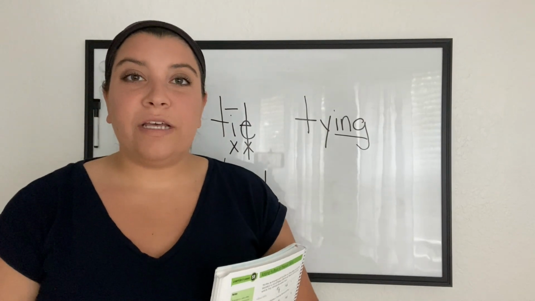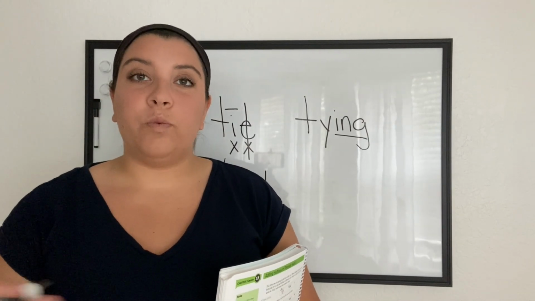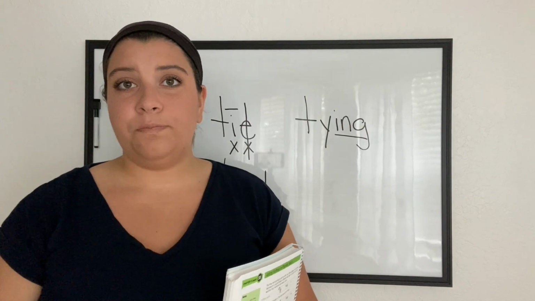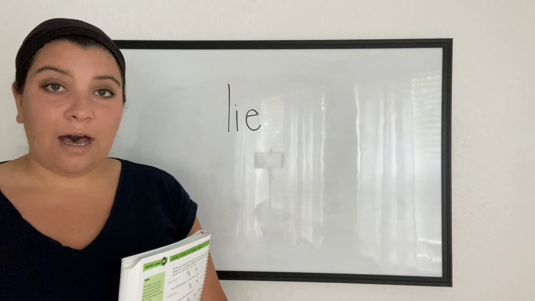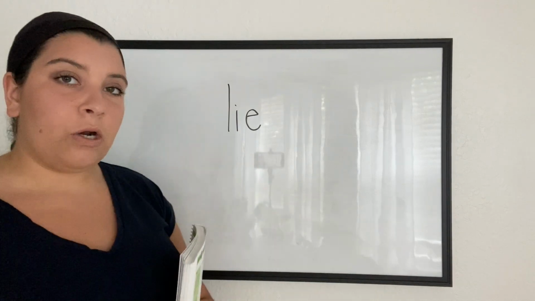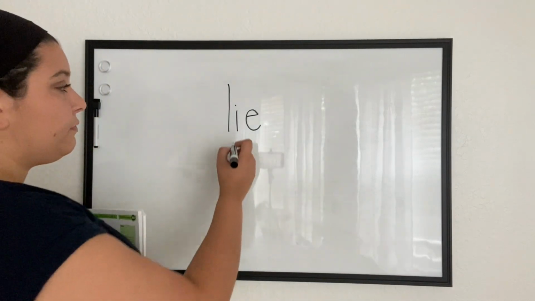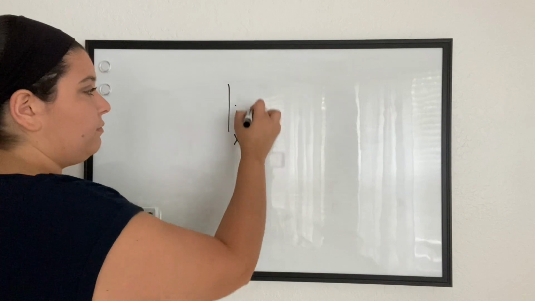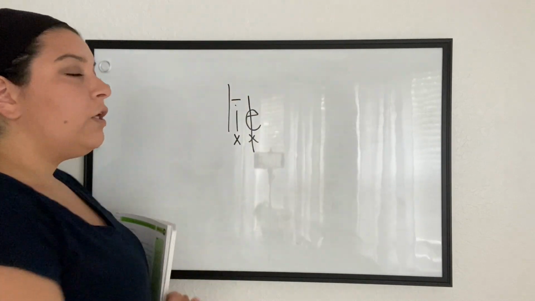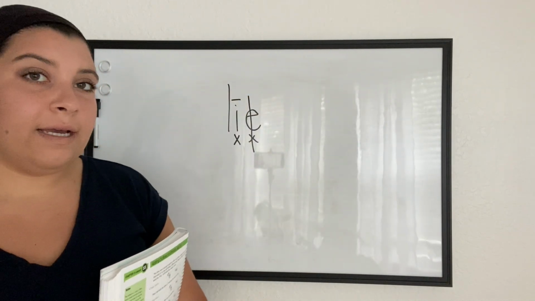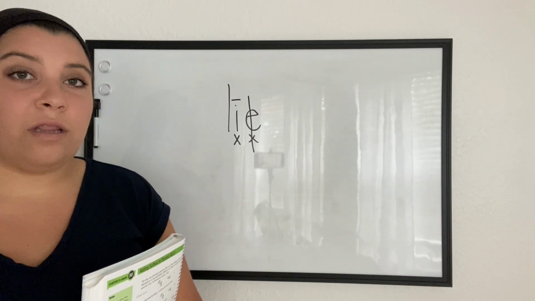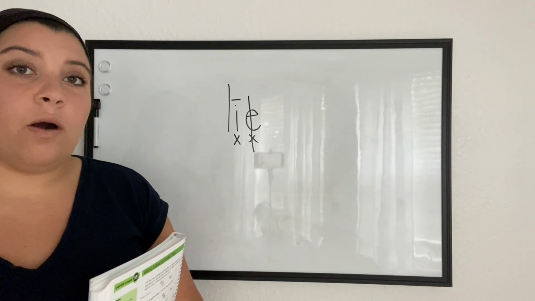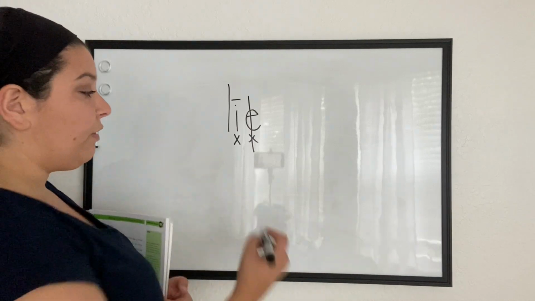I'm going to show you another example of a word that would follow this skill. So on my board, I have the word lie. I'm going to mark up my word lie. You will notice that the word lie ends in IE. I want to change the word to lying. So what I'm going to have to do is rewrite the word lie.